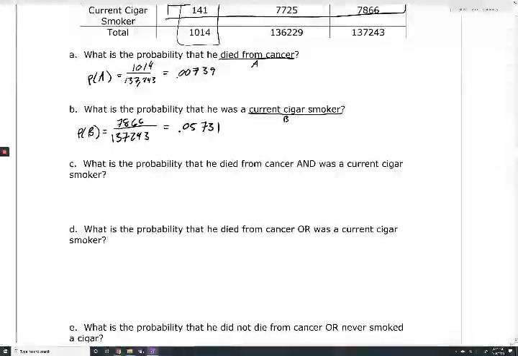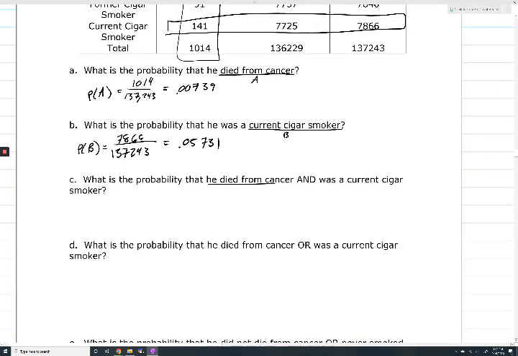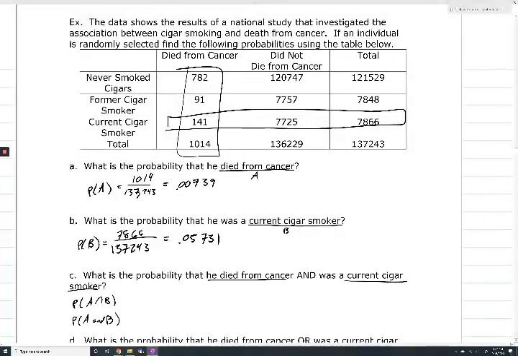Now in part C, we're starting to get into our ands and our ors and things like that. So what is the probability that he died from cancer and current cigar smoker? So that is the probability of A and B. Well, in this case, we go back up here to our table, and which number got circled twice?